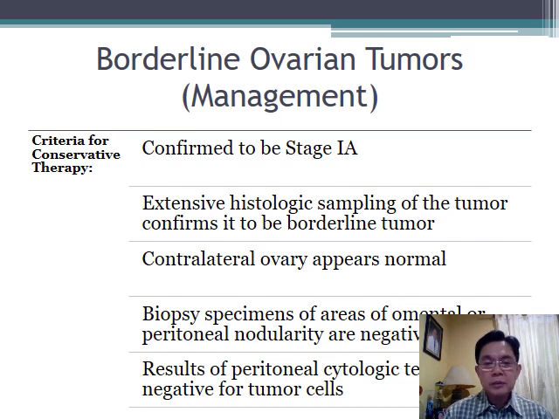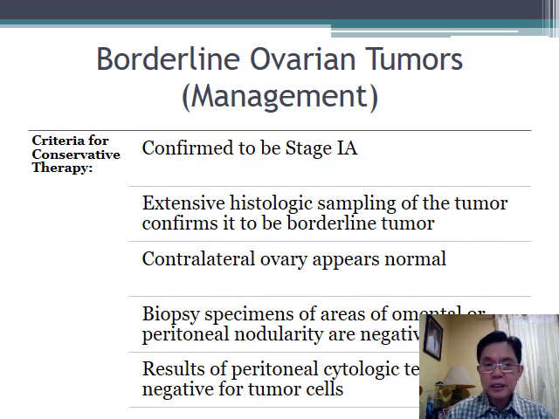However, since we mentioned earlier that most borderline ovarian tumors are found in younger women, these women might still be desirous of having pregnancy or reproduction, and therefore it is very important that you consider the possibility of not removing the uterus and the contralateral ovary, but just performing a unilateral salpingo-oophorectomy for as long as the patient satisfies the criteria for what we call conservative management of borderline ovarian tumors.